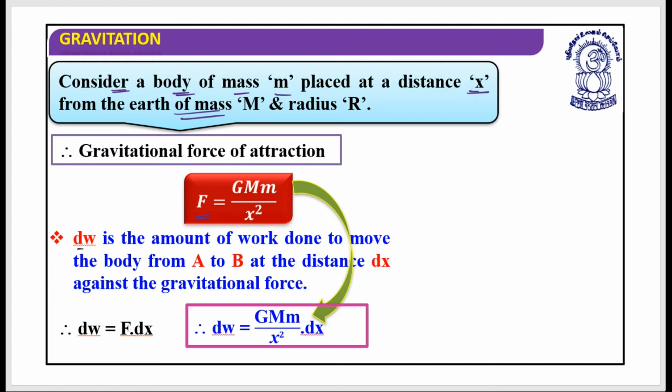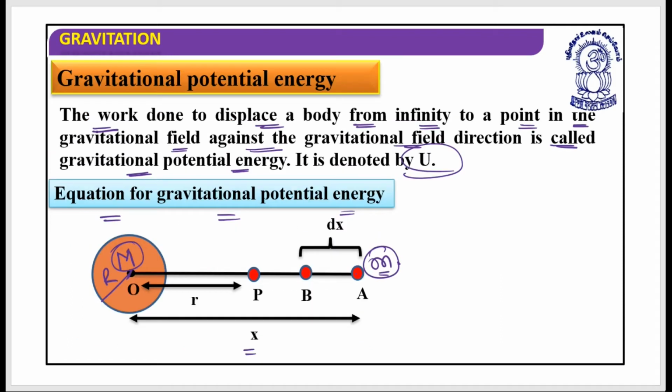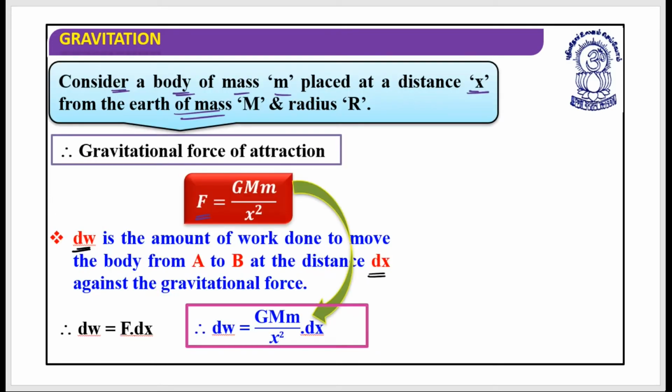If dW is the amount of work done to move the body from A to B, by a distance dx against the gravitational force, then dW equals F dx, which is GMm by x square into dx.